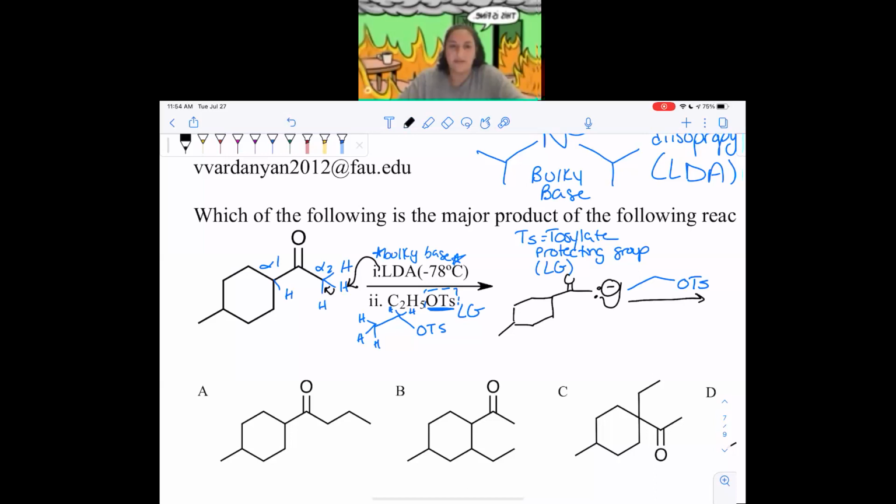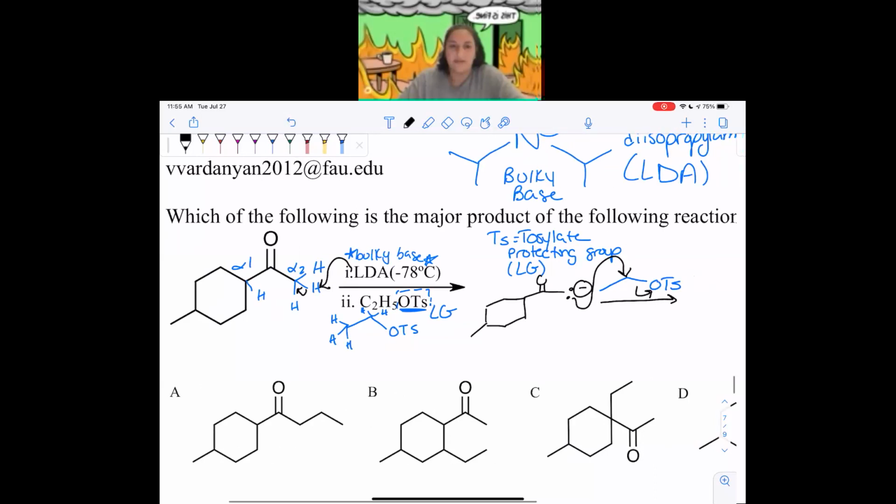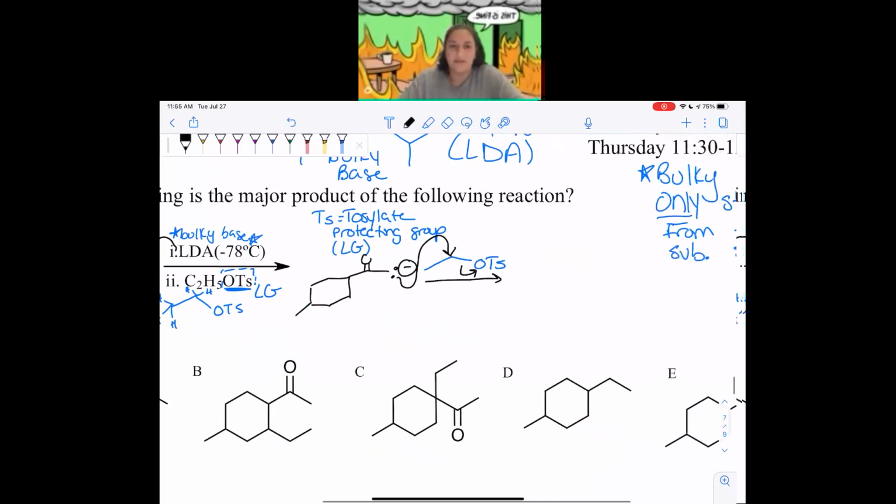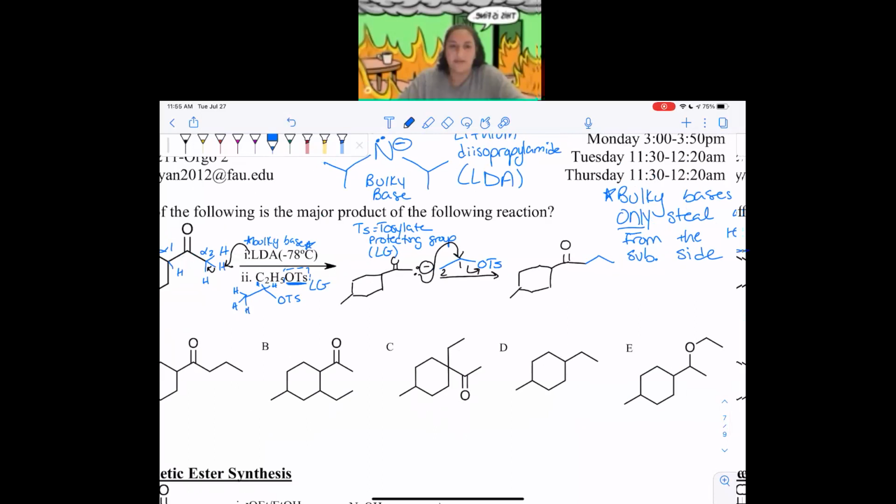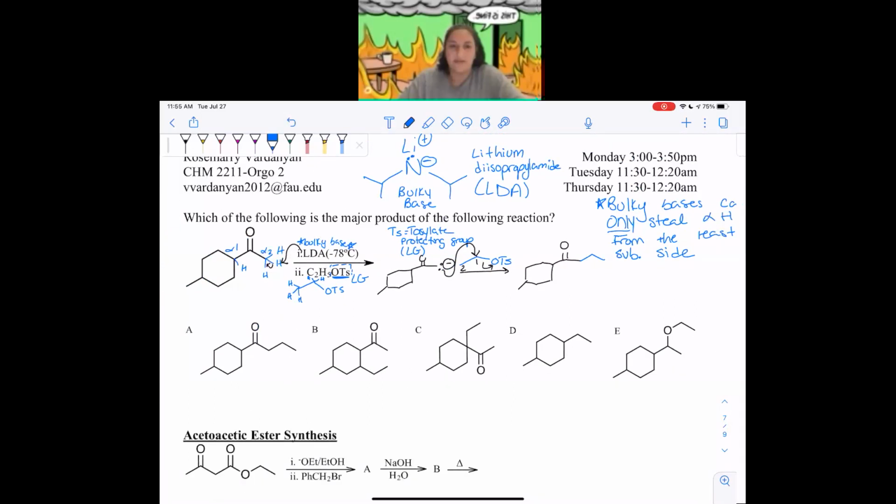It's not a methyl. Once it attacks, it kicks off the leaving group in an SN2-like fashion, and we end up with the ugliest cyclohexane ever. And attached to it, we have 2 carbons, so it shall go like this, 1, 2. Any questions on the mechanism itself?